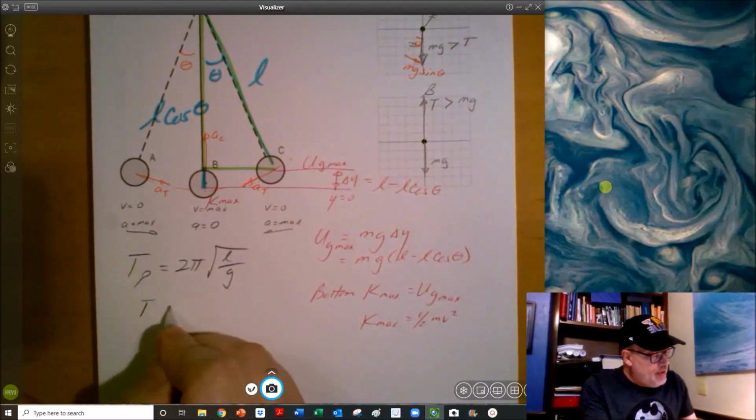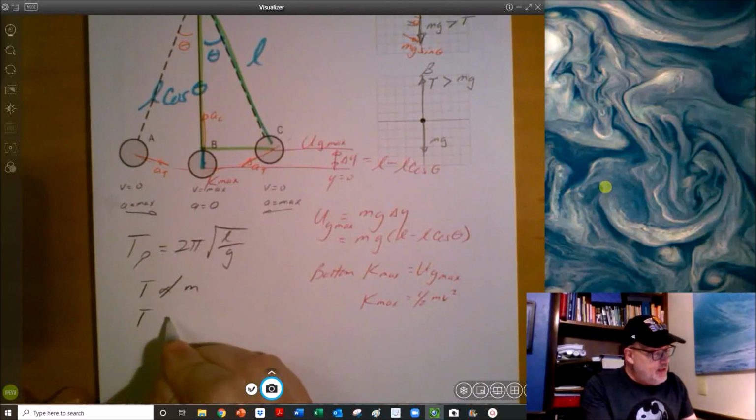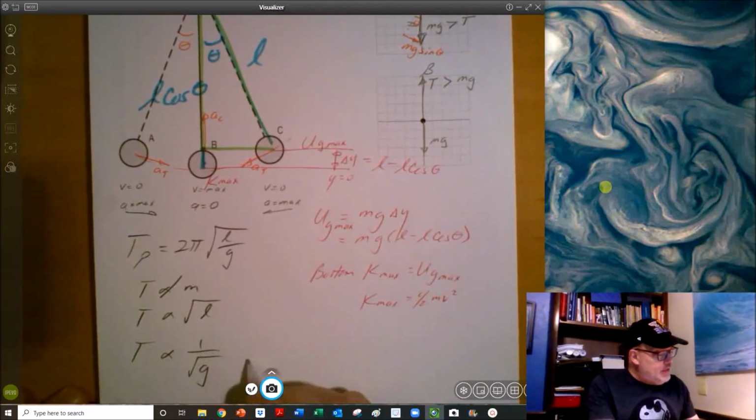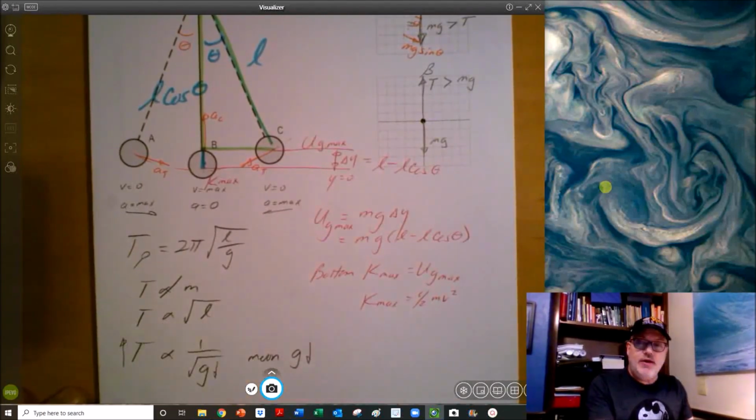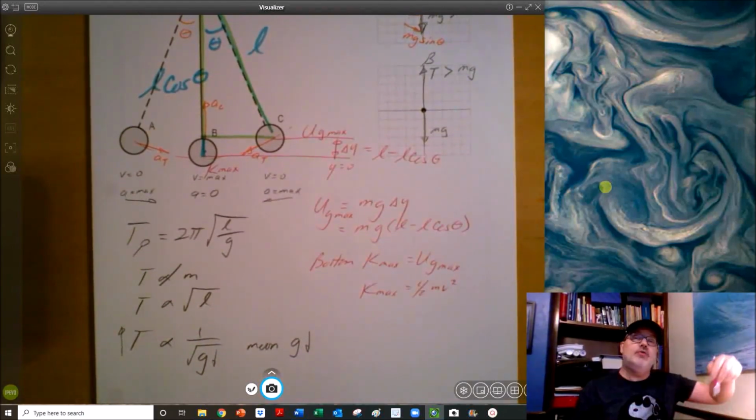Our time period is not proportional to the mass. Our time period is proportional to the square root of L, and proportional to 1 over the square root of g. That means if we go to the moon, where g is smaller, time period gets bigger, and so the time period of a pendulum would be longer, so it would swing back and forth slower on the moon.